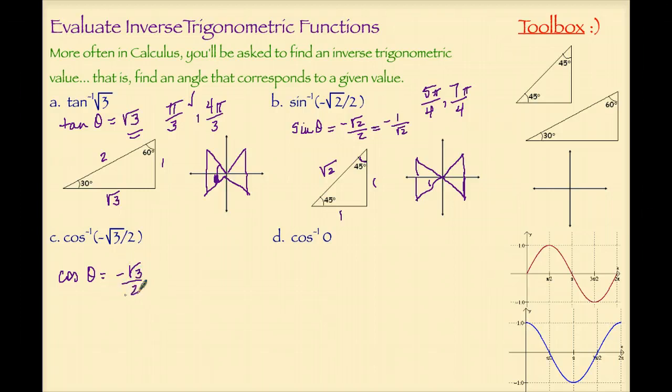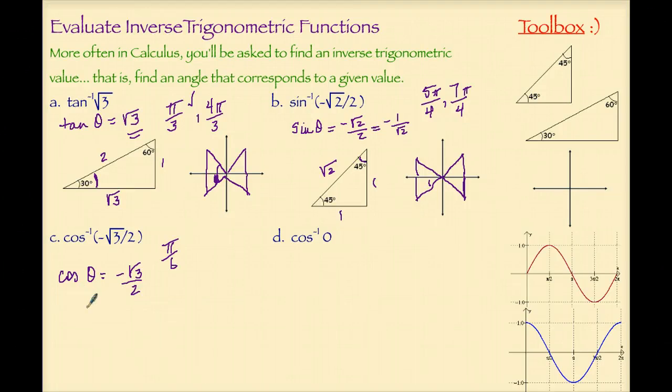Now, we should recognize that these numbers are coming from our 30, 60, 90 triangle, and I'll just use the one that's here. We're looking for the angle where the adjacent over hypotenuse is square root of 3 over 2. And that's this angle, 30 degrees, adjacent over hypotenuse. So the reference angle is pi over 6, which is 30 degrees. However, this is a negative value, so we need to know where cosine is negative.